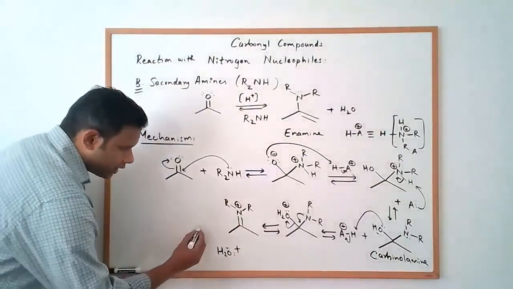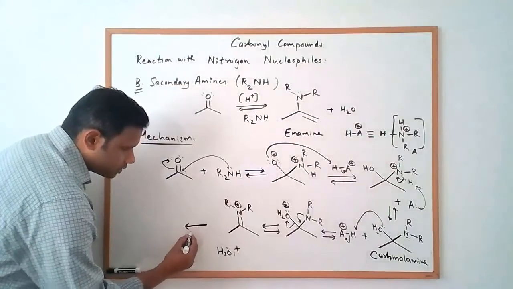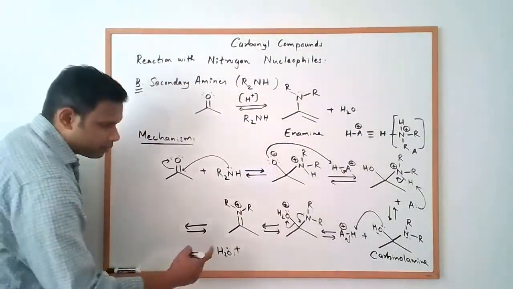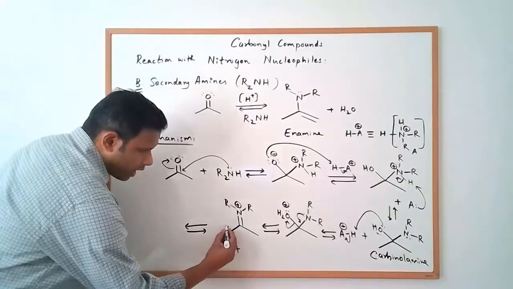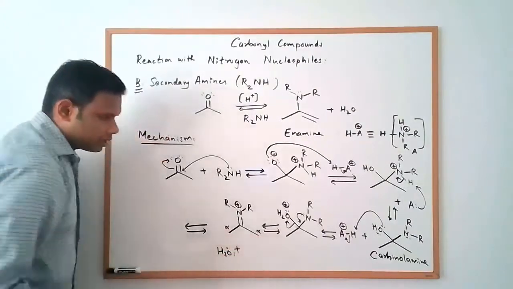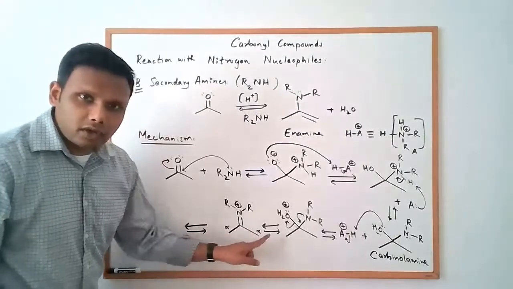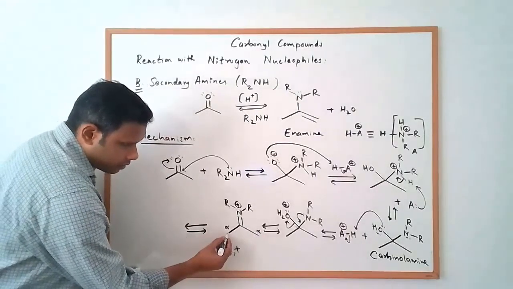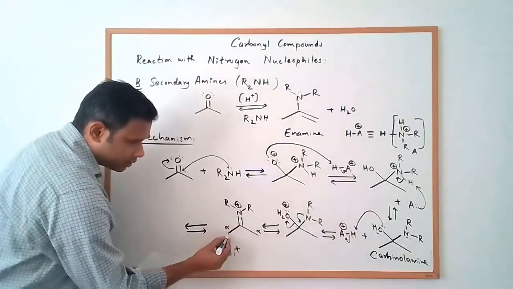So to get us to a neutral species, what happens is one of these alpha hydrogens, again, they are both alpha carbons, they have hydrogens on them, okay? There are three hydrogens here, there are three hydrogens here.